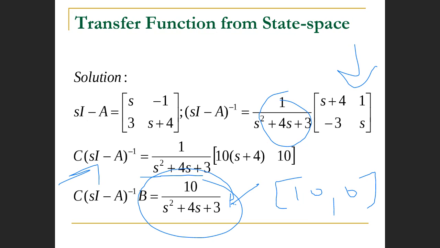Now, of course, you can work back from here to state space, and it will look different. If you use the phase variable format, it will look different. But when you do simulations, you will get the same output response. It looks different, but the dynamic response in simulation is the same.